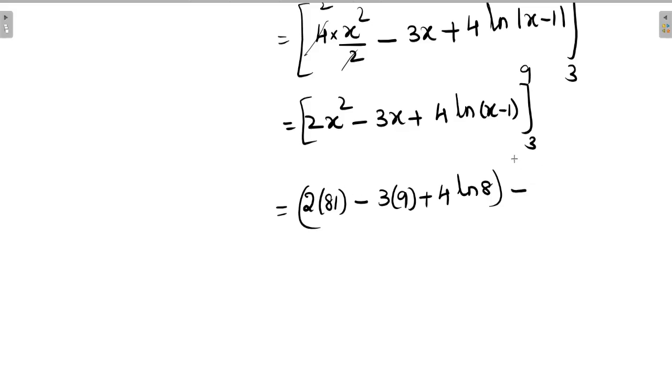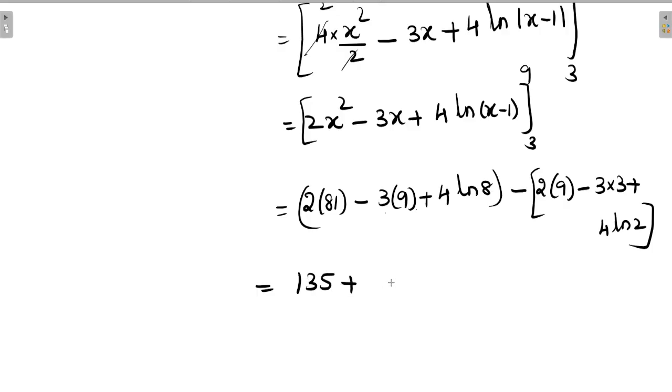Minus, let us substitute the lower limit: 2 times 3 square is 9, minus 3 times 3, plus 4 ln 2, because 3 minus 1 is 2. Which is equal to 2 times 81 minus 27. This is equal to 135 plus 4 ln 8.